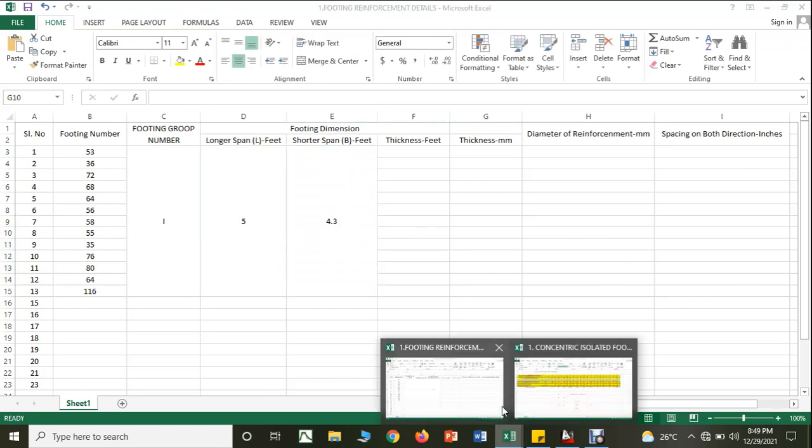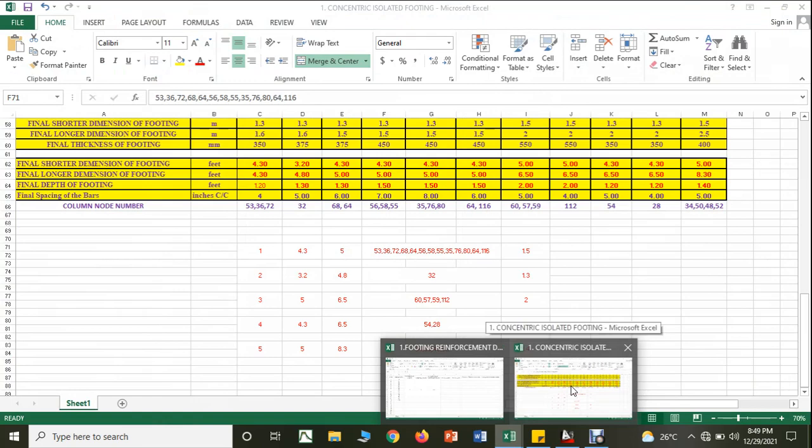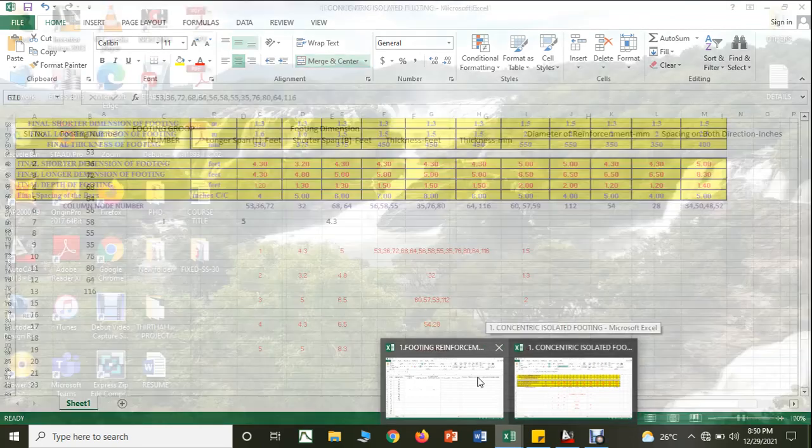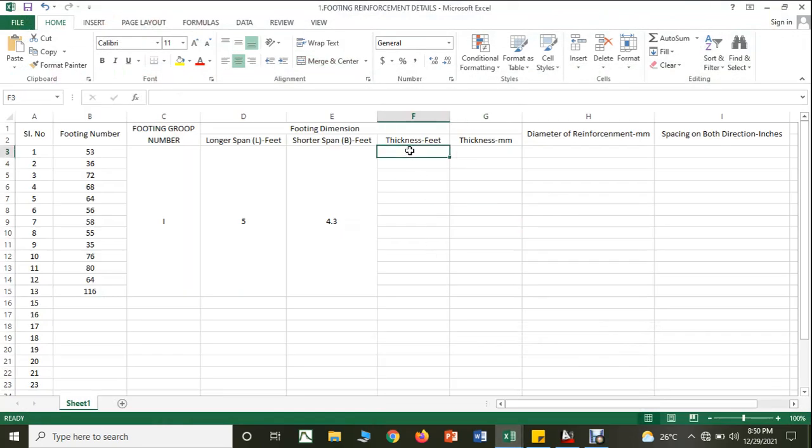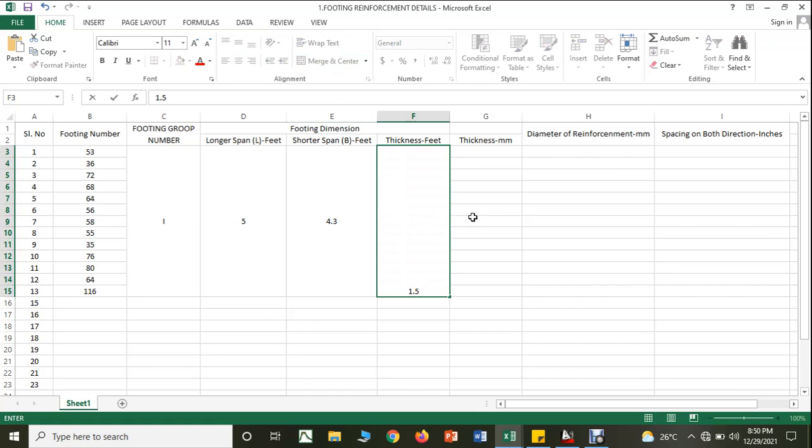And what about their corresponding thickness? Thickness is 1.5 feet, so I can give the thickness in feet as merge center of 1.5.